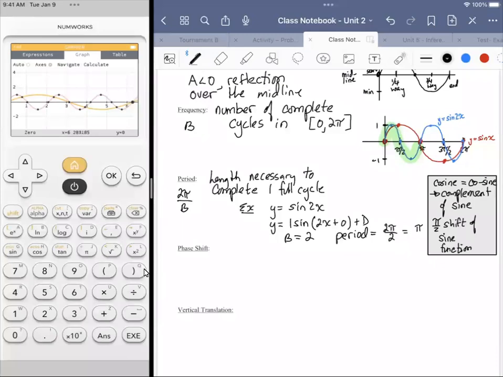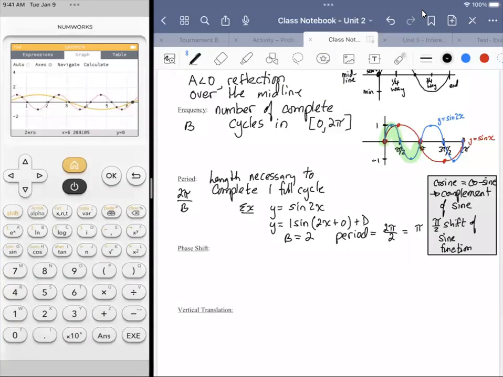And I'll show you what that looks like. I'm just going to draw a quick sketch, and then I'll show you on the calculator. I think the calculator doesn't really handle this very well, because you can create a cosine function and a sine function, but you don't necessarily know where you should be looking in order to make the connection. So let me just show you in the form of a sketch real quick.